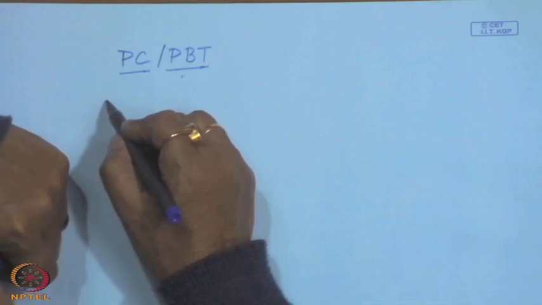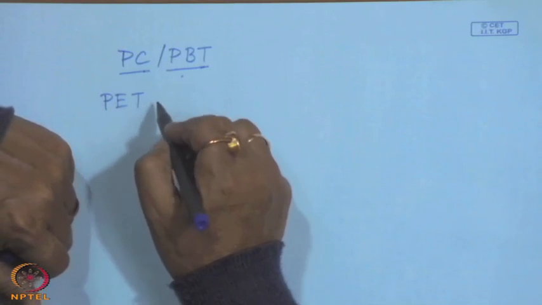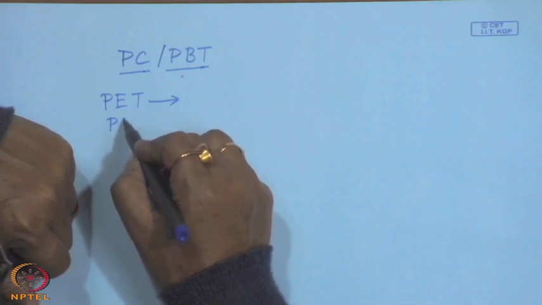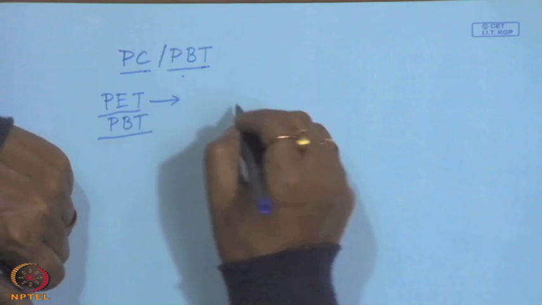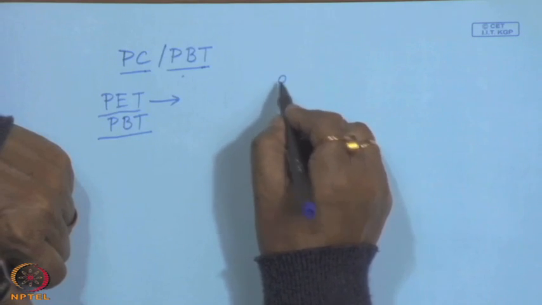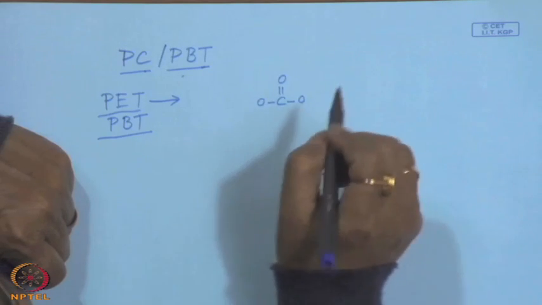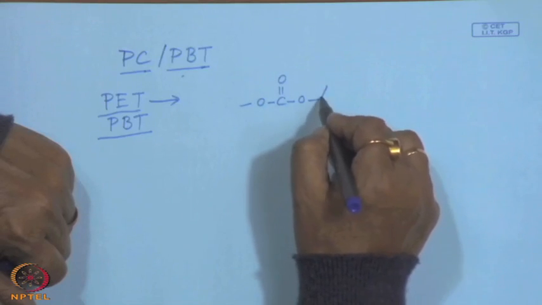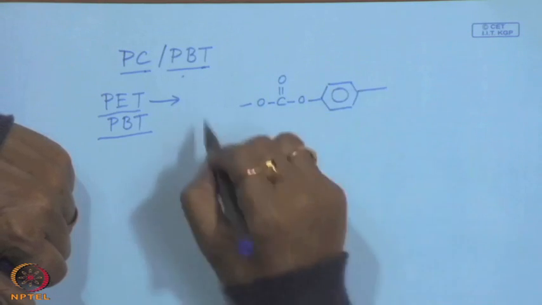Now, PET, polyethylene terephthalate, is a polyester. PBT, polybutylene terephthalate, is also another polyester, and polycarbonate contains this carbonate group in the polymer chain, having some rigid phenyl rings this way.